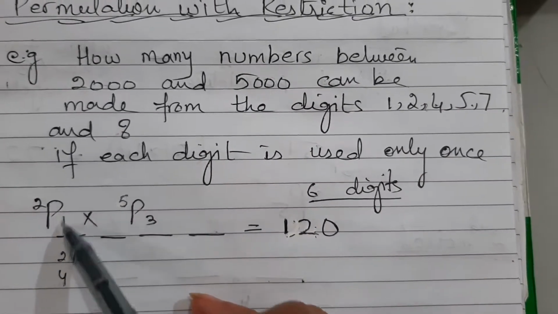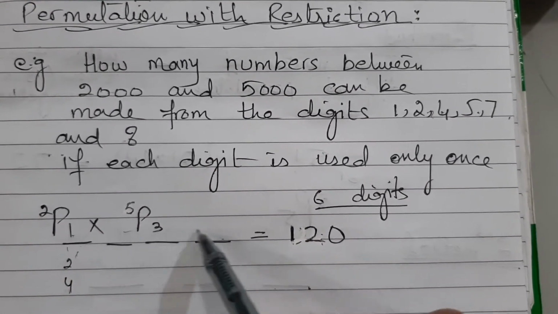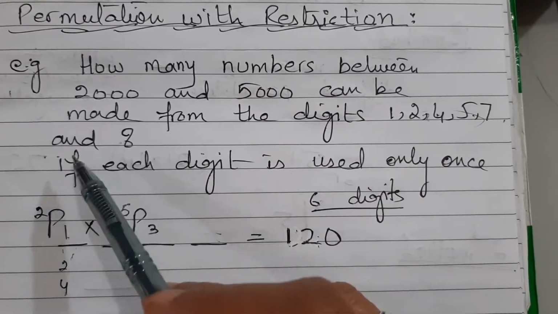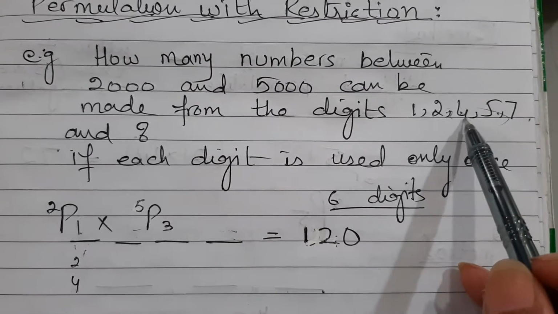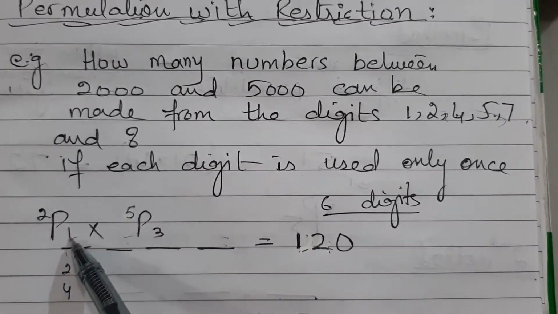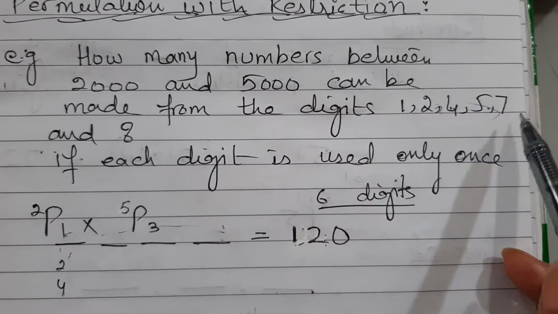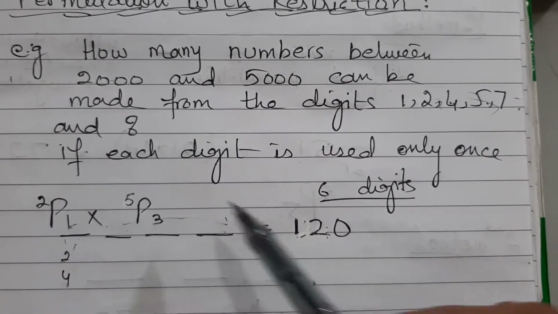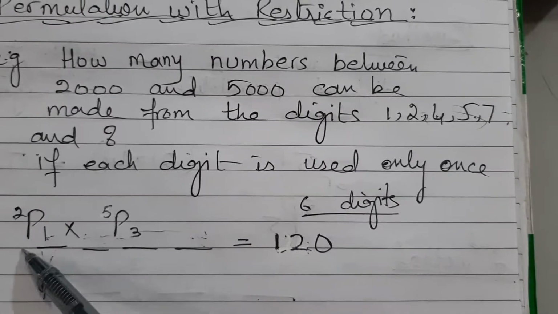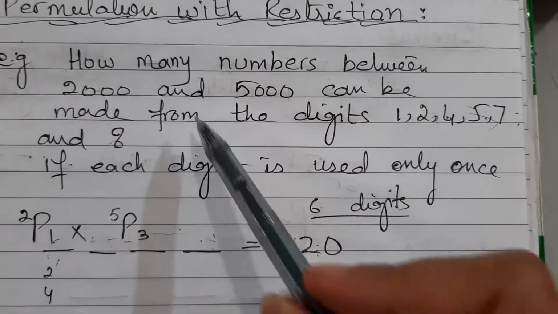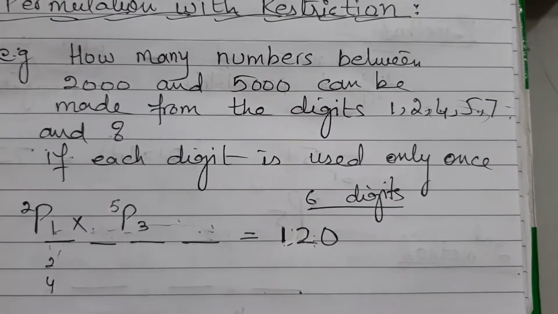If I have the first digit 2 and any other digit out of the remaining 5 digits, it will be 2000 something. And if I have the first digit 4 and then any digit out of the remaining 5 digits, it will be 4000 something. So the numbers 2000 something and 4000 something are in between 2000 and 5000.